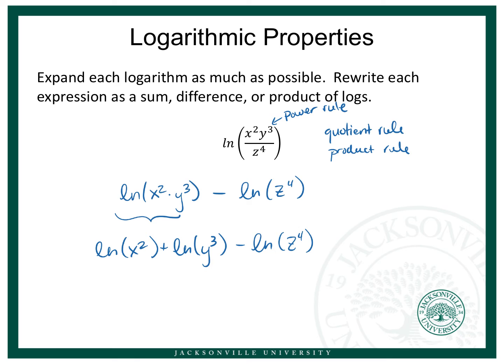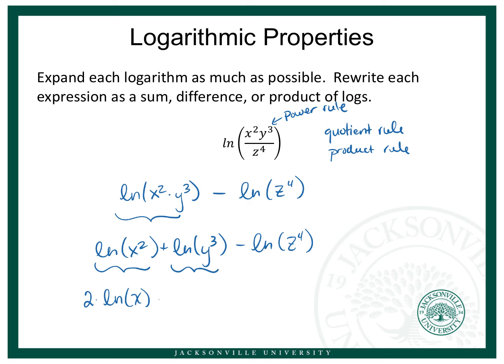And then now applying the power rule, the natural log of x squared is the same thing as 2 times the natural log of x. The power rule is a really important rule later on when we start looking at application problems where we have exponential functions and we want to solve for the exponent. This is where rewriting the equation into logarithmic form and using the power rule is going to help us solve those equations.